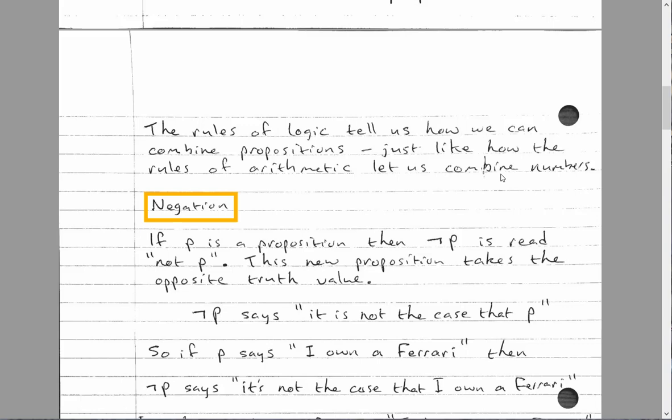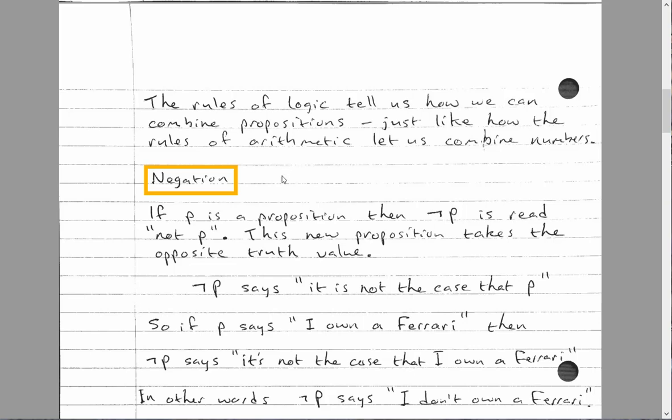Maybe the simplest thing you can do with a number is switch its sign, take the opposite, and you can do the same thing with propositions, so the idea of negation is just to switch the truth value. So we have this notation for negation.